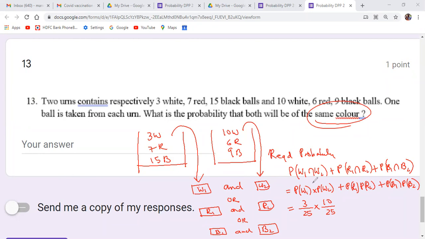Plus 7 upon 25 into 6 upon 25, plus 15 upon 25 into 9 out of 25. So 30, 42, 125.